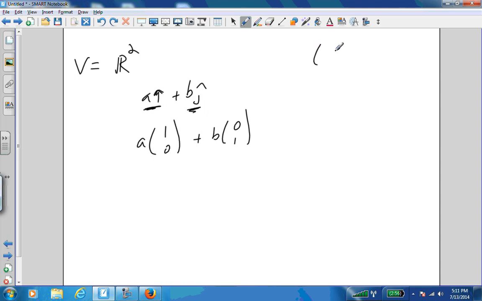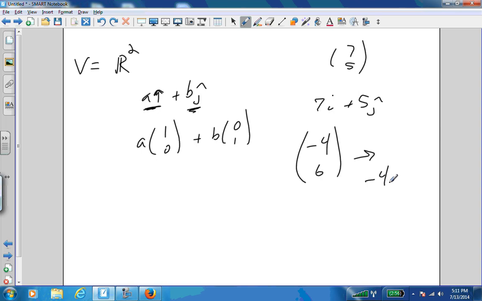If I want the vector 7, 5, then that would be 7 i hats, 5 j hats. If I want the vector -4, 6, then that's -4 i hat, 6 j hats.